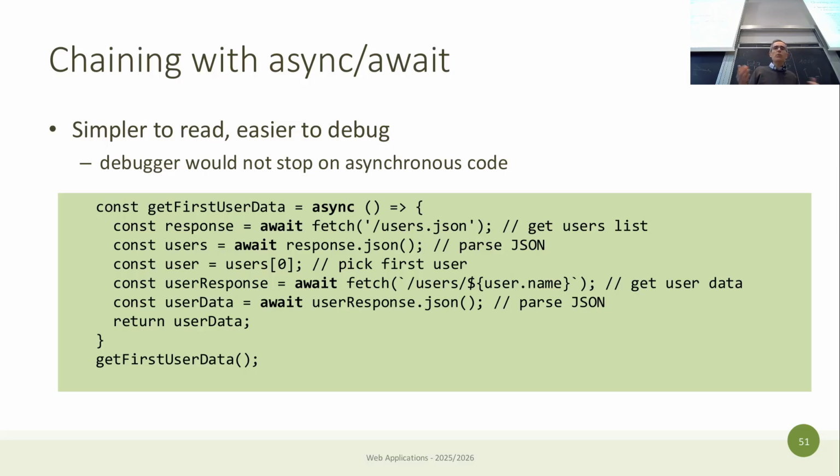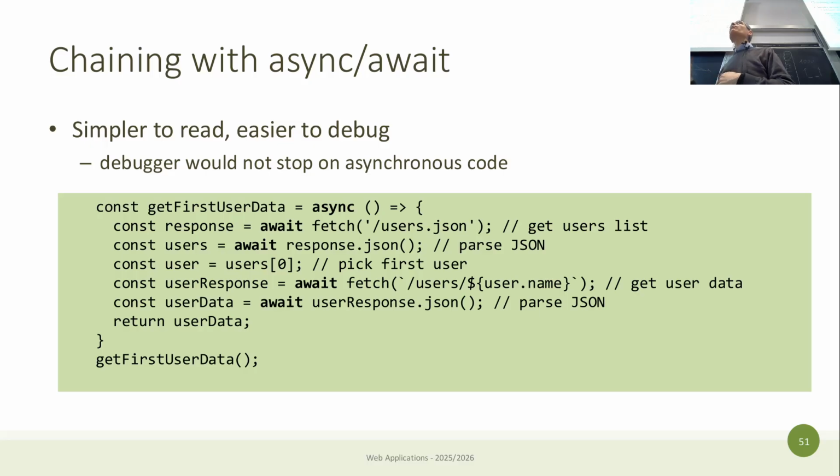It's simpler to read and easier to debug, because when the function resumes, you put a breakpoint, or you put a console log on the value that you are interested in, and simply at a certain point it gets printed, and it gets printed only when you get the value, because you are awaiting on this value.